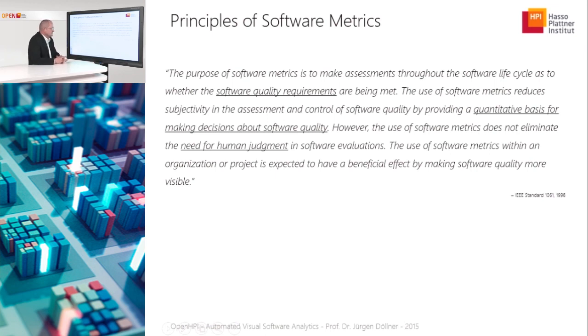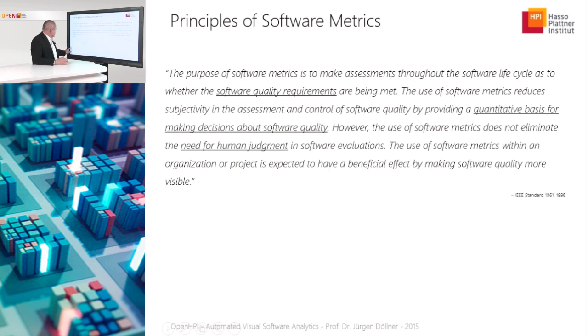The use of metrics within an organizational project is expected to have a beneficial effect by making software quality more visible. And in visual software analytics, software metrics are used as a base source of information about software quality.